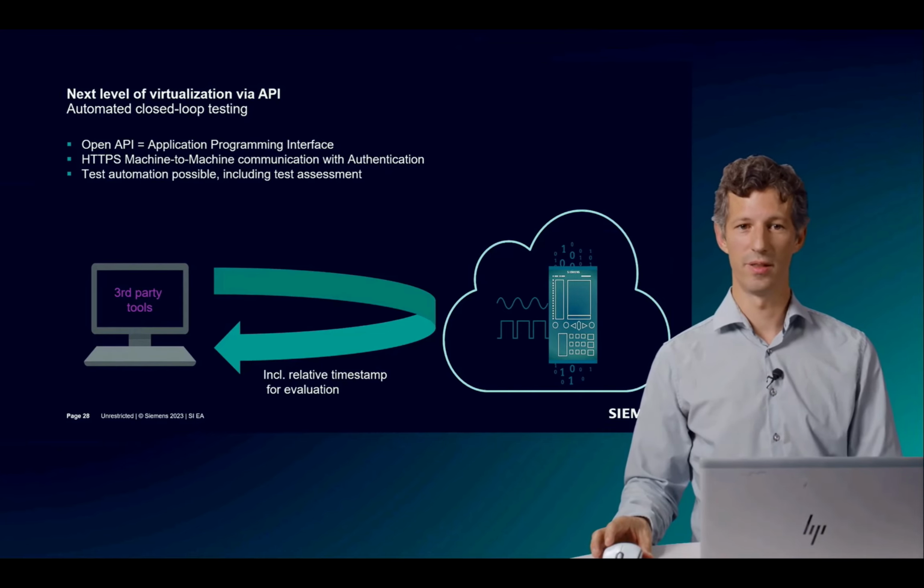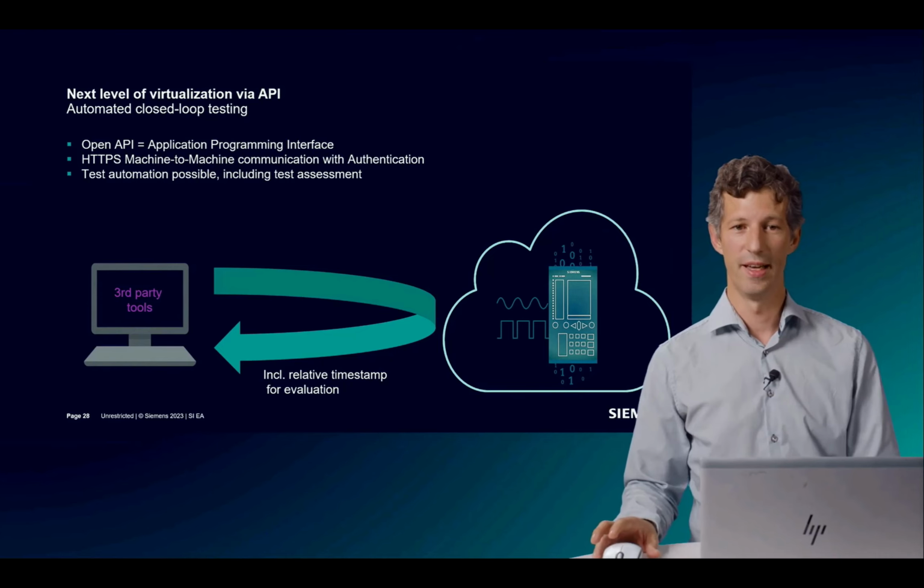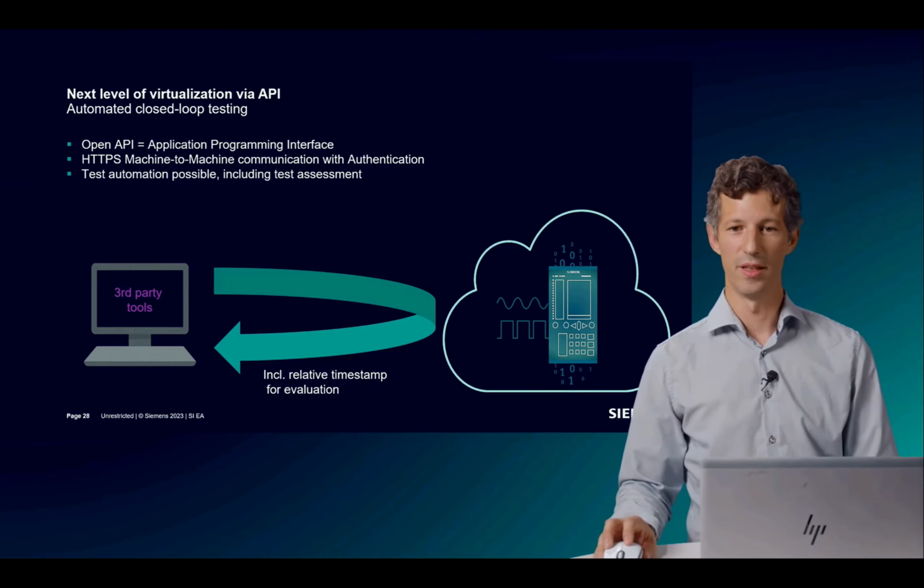An API stands for Application Programming Interface. It is using secure communication via HTTPS, and it enables test automation with automatic test assessments of the results by providing the binary outputs result of the digital twin to any partner application.